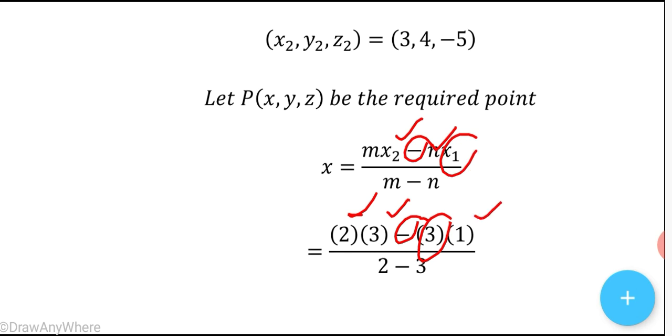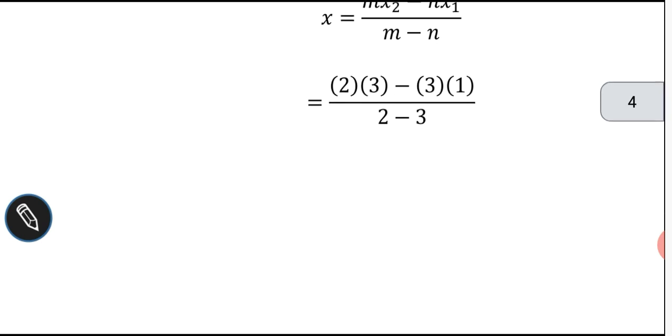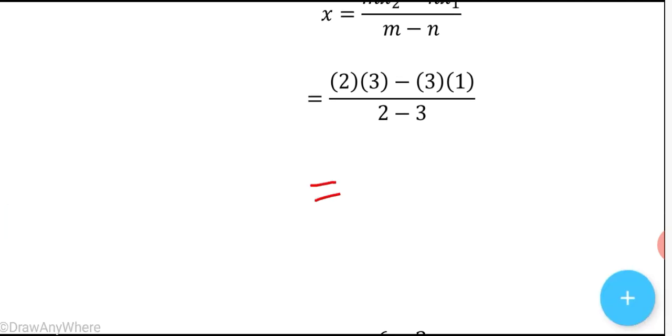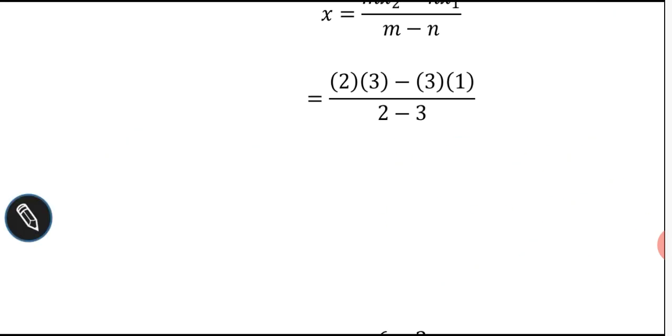So that is equal to 2 into 3 equal to 6, minus 3, divided by 2 minus 3, which is minus 1. So 6 minus 3 means 3 divided by minus 1, so that is equal to minus 3.